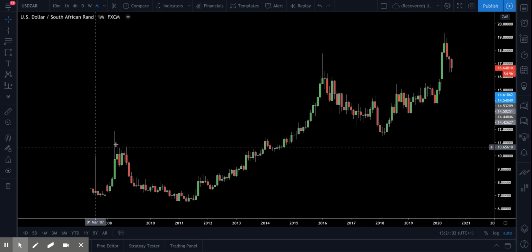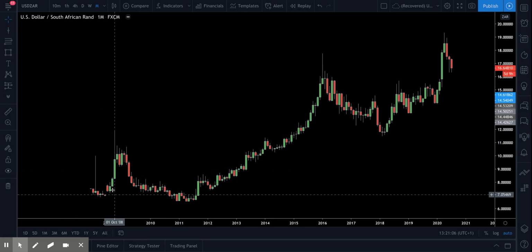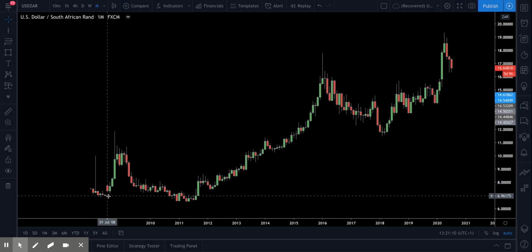So indicating then recessions. First major recession marked on the chart began in 2008 and ended in 2009. Now, if you view the chart here, we're in 2008. Look, you can see it on the bottom axis, 1st of July 2008, right? This area where South Africa fell into a recession, it stumbled so hard against the US dollar that the US dollar shifted up quite a lot.